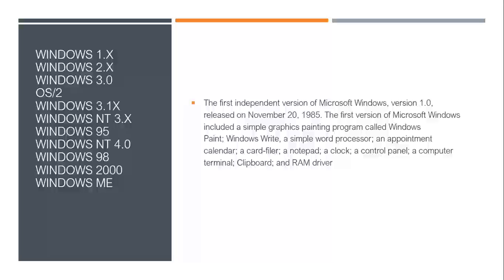The first version of Windows included a simple graphic painting program called Windows Paint, then Windows Write, then many programs like Control Panel, Terminal, Clipboard, RAM driver, etc. After that, Microsoft published Windows 2.0, Windows 3.0, OS/2, then Windows 3.1, Windows NT 3, Windows 95, Windows NT 4.0, Windows 98, Windows 2000, and Windows Me.